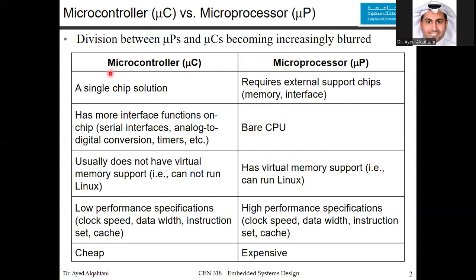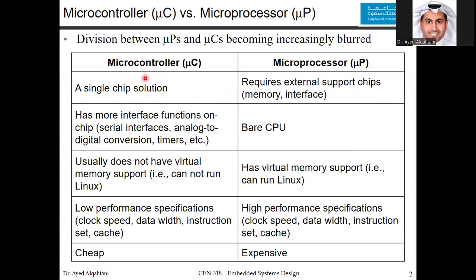microprocessors. As we said, just to give you more hints, a microcontroller is a single chip solution, while a microprocessor requires external support chips like the memory and IOs and many other interfaces.